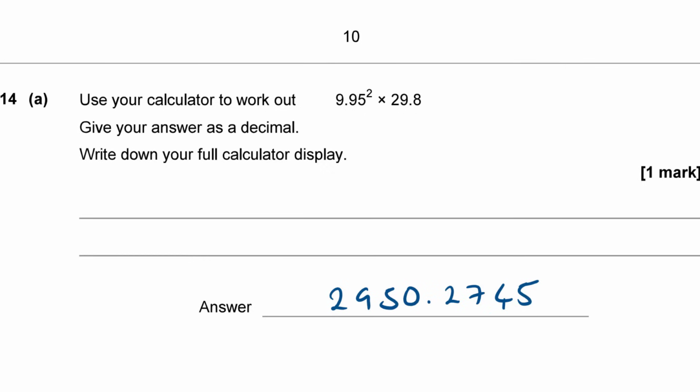The first significant figure in 9.95 is the 9, which is in the units column. So 9.95 to the nearest unit rounds up to 10. So I'm going to get 10 squared times 29.8. The first significant figure of this number is the 2, which is in the tens column. So let's round 29.8 off to the nearest 10, which is nearest to 30. It's nearer 30 than 20. So it's going to be 10 squared times 30.